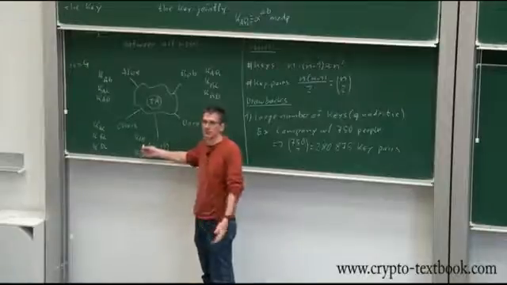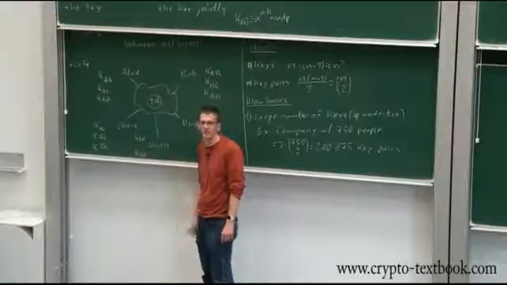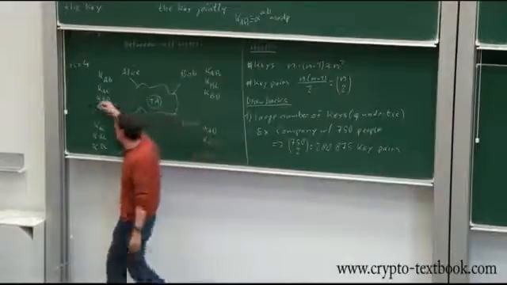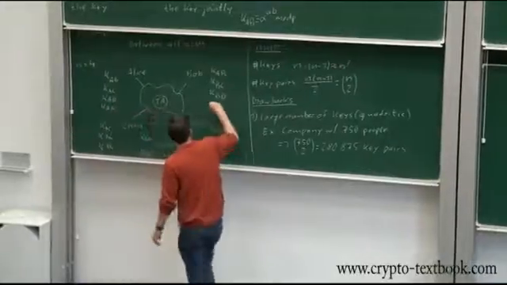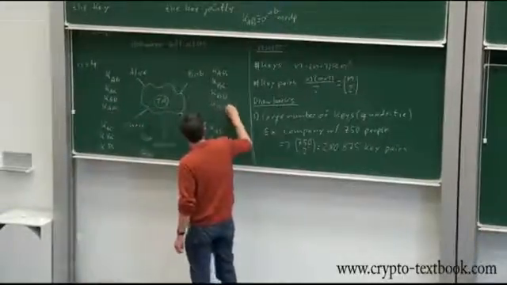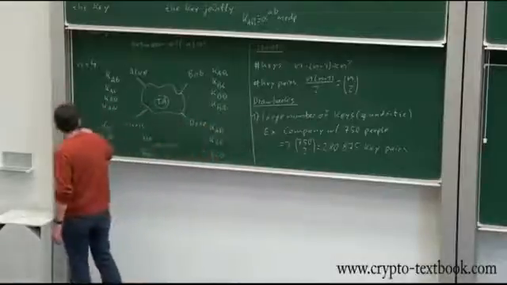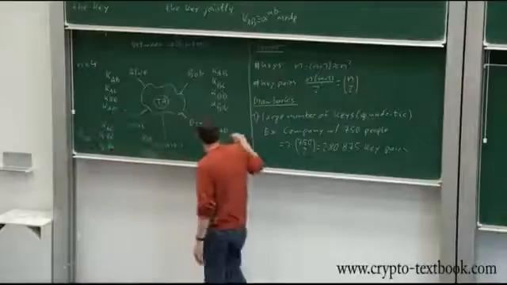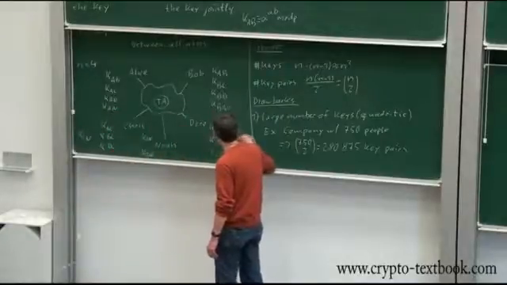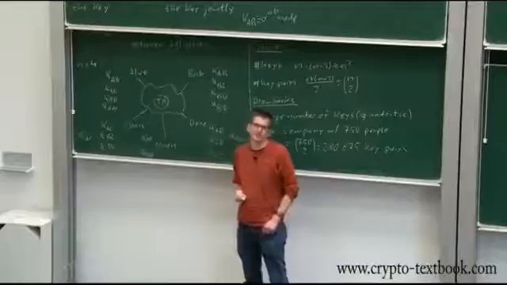Can Noah communicate with Alice at this moment? No. What's missing? Well, Alice needs an update, Bob needs an update, Chris needs an update, and Doro needs an update. And that's a pain.